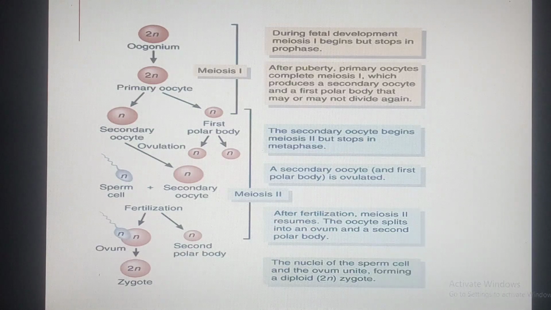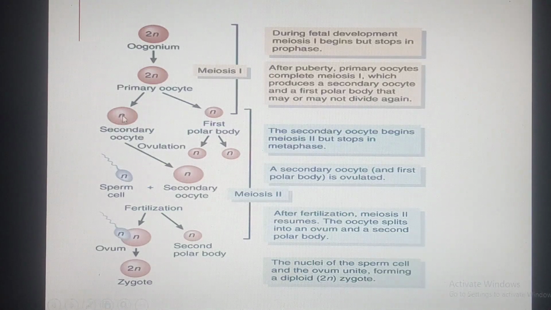It can only complete this first meiotic division, giving rise to the secondary oocyte and the first polar body, around puberty. So around puberty, whether it's 12, 13 or even 15 years, that is only when the primary oocyte will be able to complete its first meiotic division.